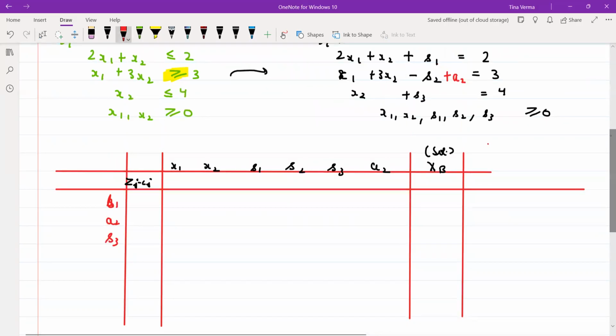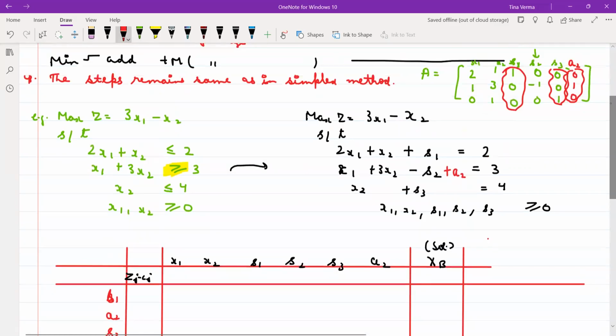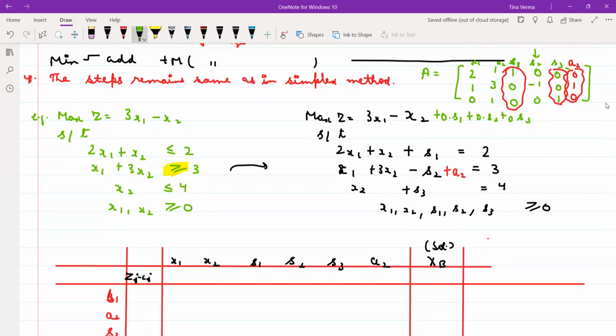Since you have added your artificial variable, obviously here the cost coefficient of your slack and surplus variable will be 0, 0, 0. And because it is a maximization case and you are adding your artificial variable, then you have to do minus M into A2. Is it clear? Yes or no?